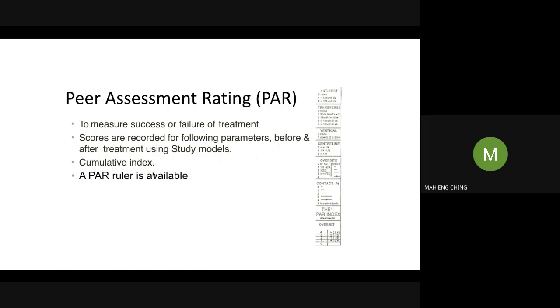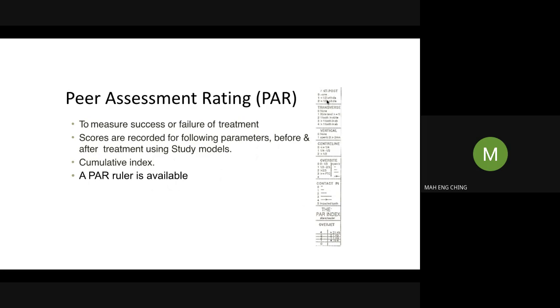So every feature of the malocclusion will get a certain score. That's why they invented these PAR rulers, which make it easier to assess or score the patients. You look at these PAR rulers: for the anterior and posterior, we have the crossbite.